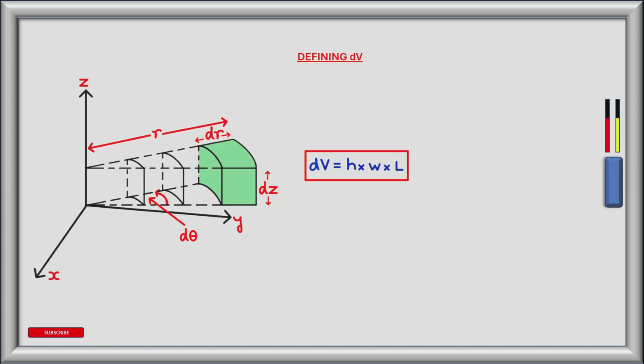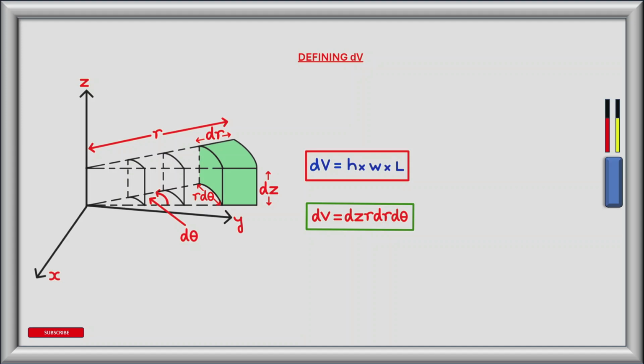Now the arc length of a circle is given by the radius multiplied by the central angle theta. In this case, theta is infinitesimally small, represented by d theta. If we now put all these infinitesimally small dimensions together, we see that the volume dV is given by dz r dr d theta. And we sum all these pieces of volume using our triple integrals to get the total volume.